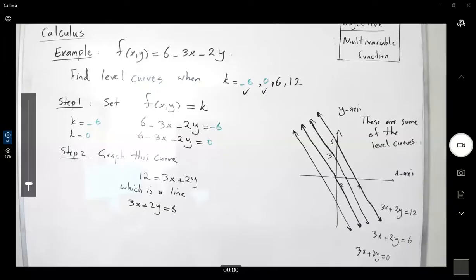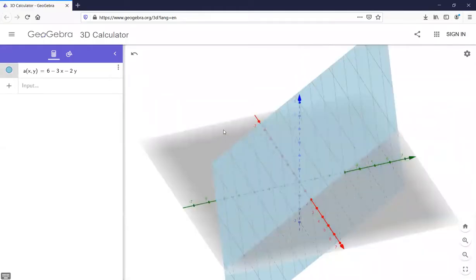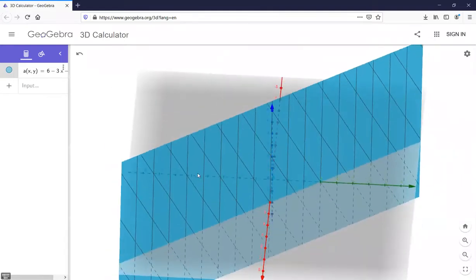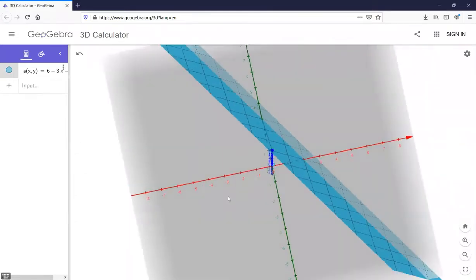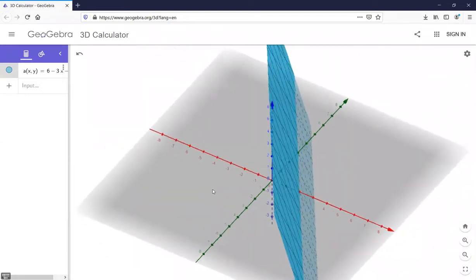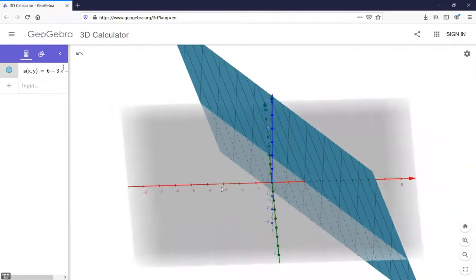So let us take a look at this surface in space. So this is your surface, 6 minus 3x minus 2y. We are cutting this surface by some planes.